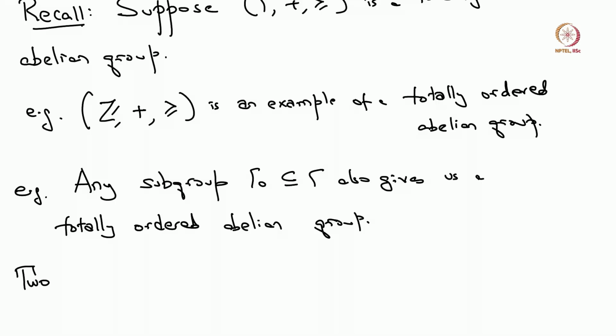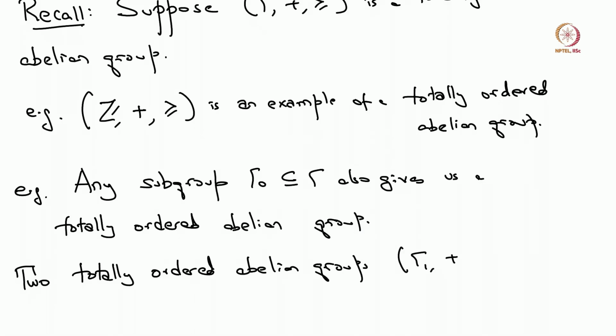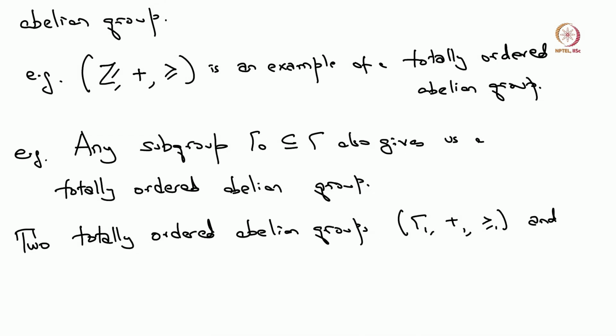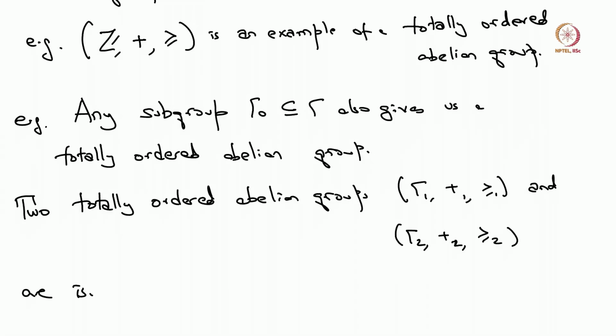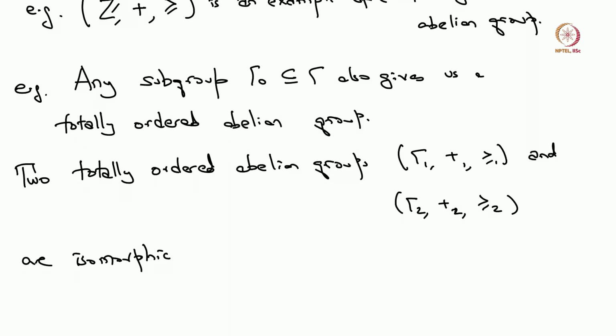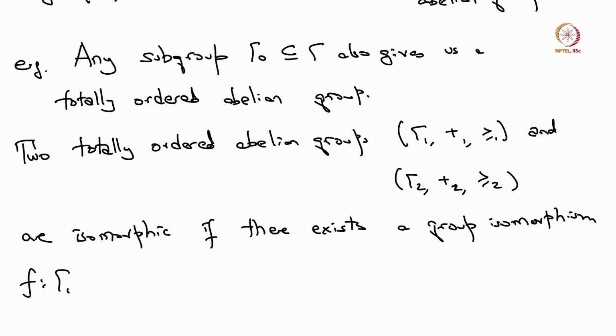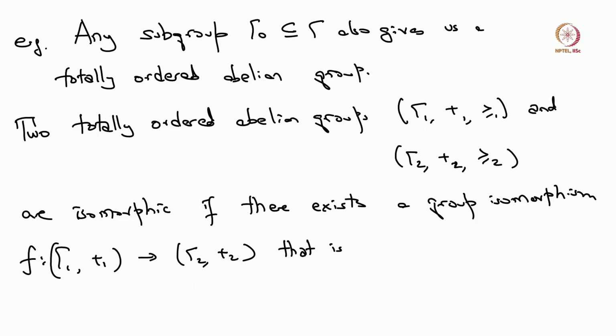And we say that two totally ordered abelian groups, gamma 1 with its own plus and greater than or equal to, along with another group gamma 2, are isomorphic if you have a group homomorphism with respect to plus 1 and plus 2 that is compatible with the total ordering.